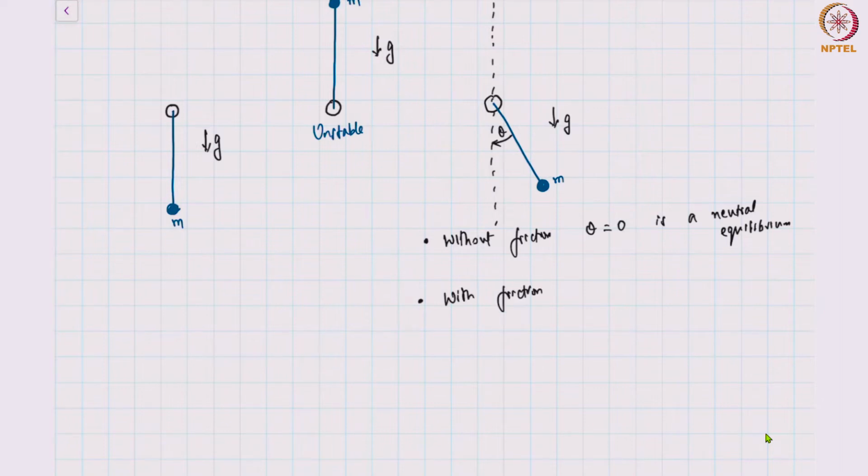With friction, theta equal to 0 degrees is a stable equilibrium, because the system would exhibit damped oscillations in the presence of friction, and eventually it will approach the theta equal to 0 case. And theta equals 180 degrees is an unstable equilibrium.